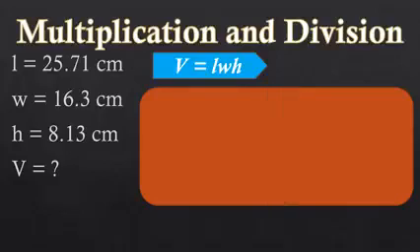Okay, so let's now look for the volume of our rectangular prism or rectangular solid box. So recall that in obtaining the volume of a rectangular prism, we need to multiply length by width by height. Okay? So here, by substitution, yung L natin magiging 25.71, yung width magiging 16.3, and yung H magiging 8.13.